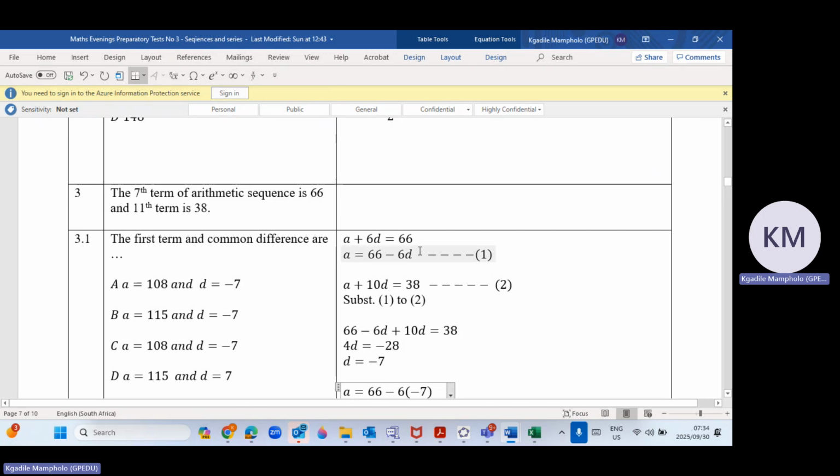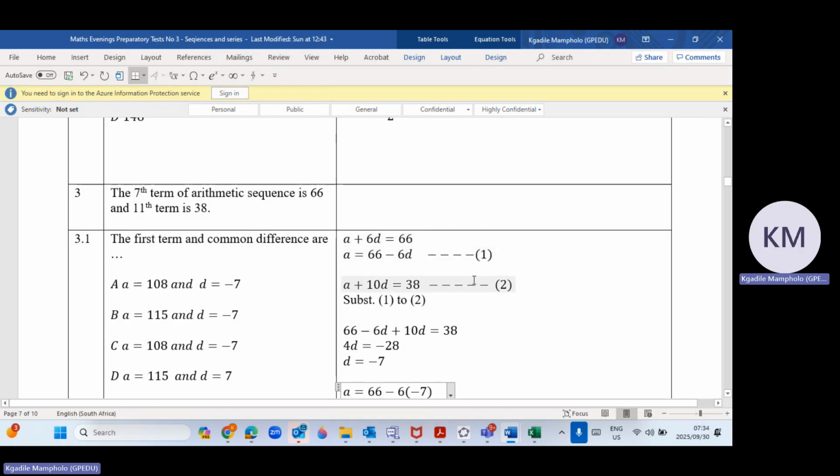Knowing that Tn is equal to a plus (n minus 1) times d, for the first one n is 7. So 7 minus 1 is 6, then it equals 66. Then you make equation 1.